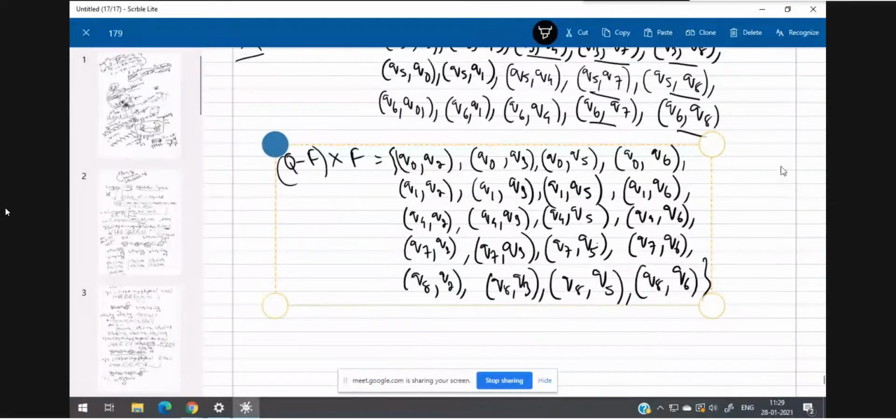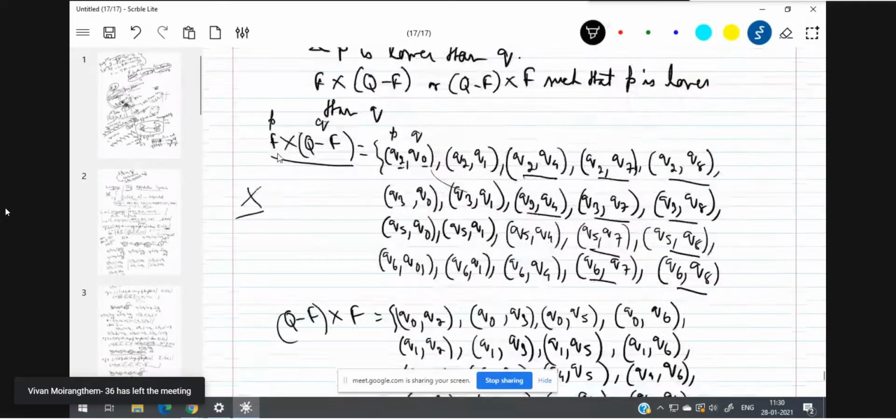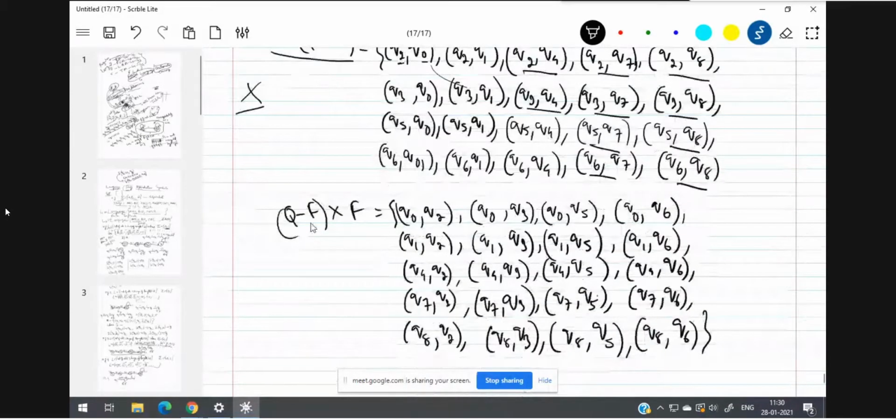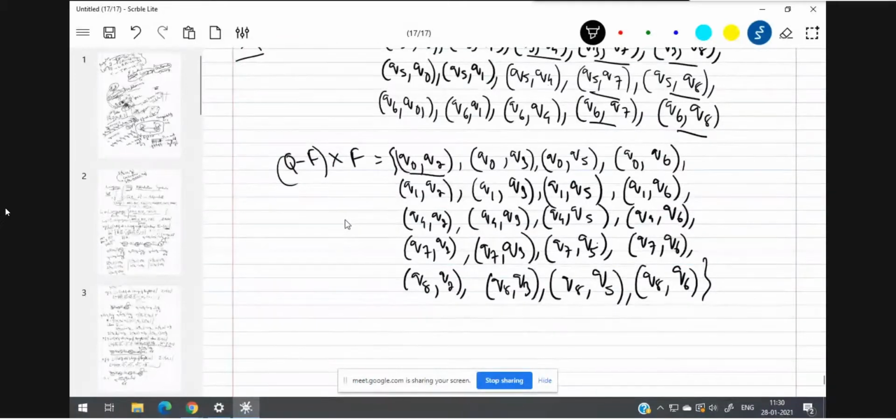Okay, this one. Here again, the same thing we are going to select. In this case, again, I'm going to select that P subscript less than Q. So in this case, I can select 0, 2, 0, 3, 0, 5, 0, 6.